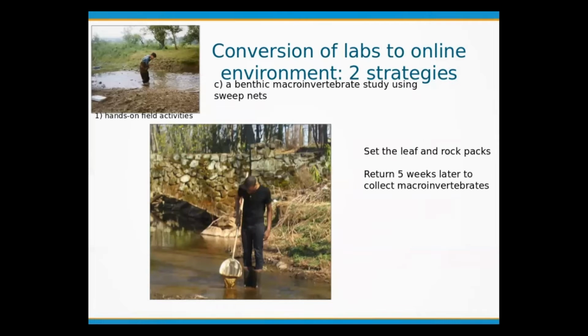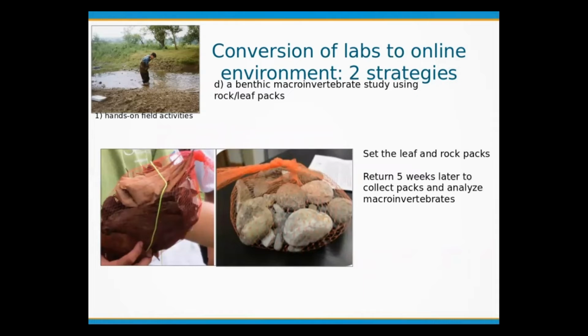And then also we had them do benthic macroinvertebrate studies using sweep nets, where we sent them sweep nets or gave them sweep nets, and then they collected invertebrates and looked at those invertebrates to figure out what the water quality was. At this stage, they also set leaf and rock packs, and then returned 5 weeks later to collect those macroinvertebrates. And so the final lab was to look at what they collected from those leaf and rock packs.